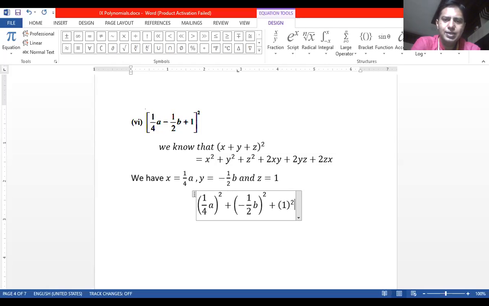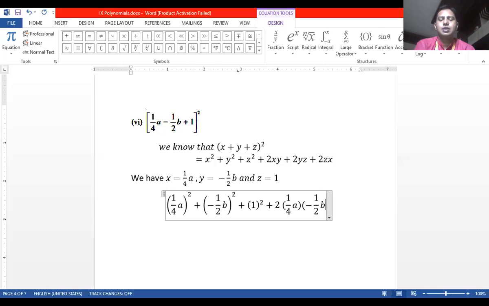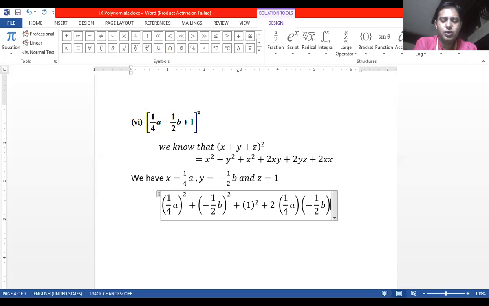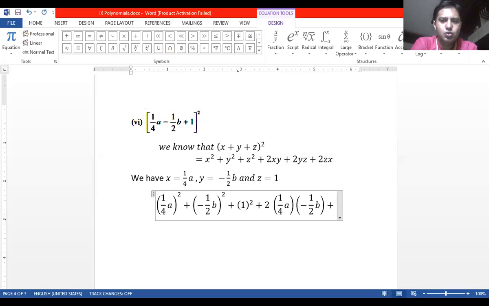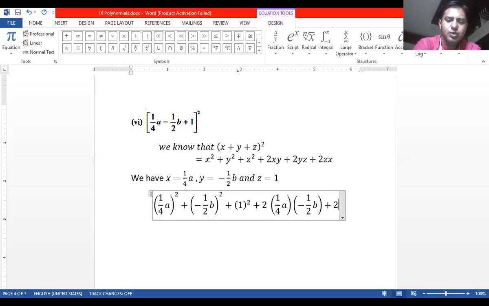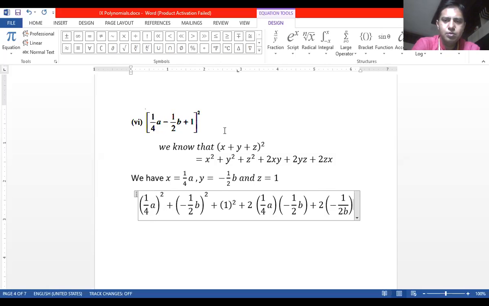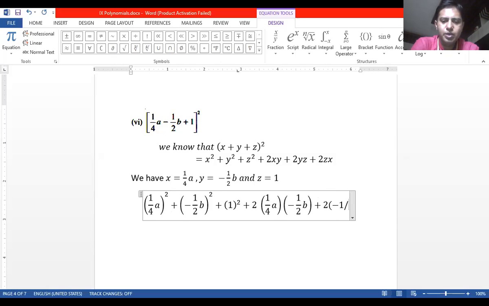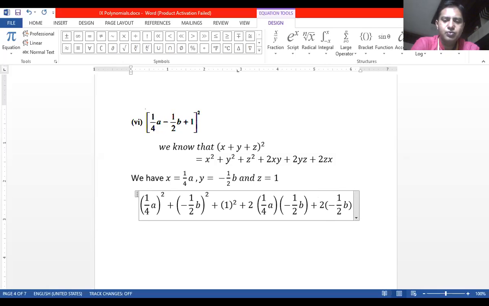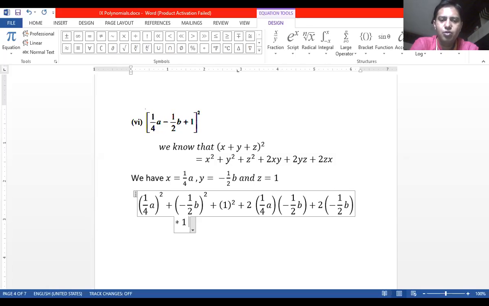Plus twice xy, that is 2 into 1 by 4a into minus 1 by 2b, plus 2yz, that is 2 into y, which is minus 1 by 2b, and z value is 1, so we don't need to multiply now.